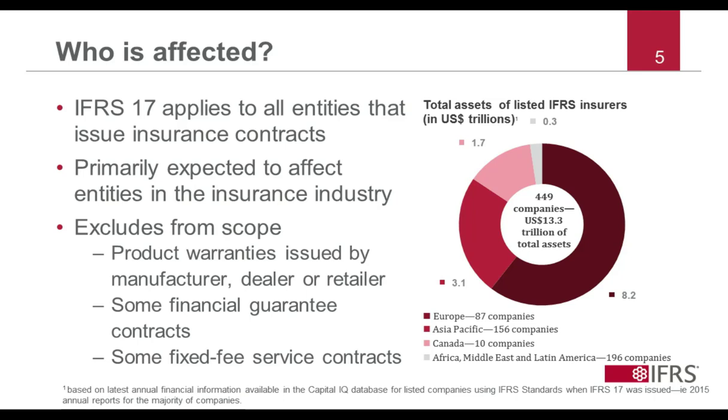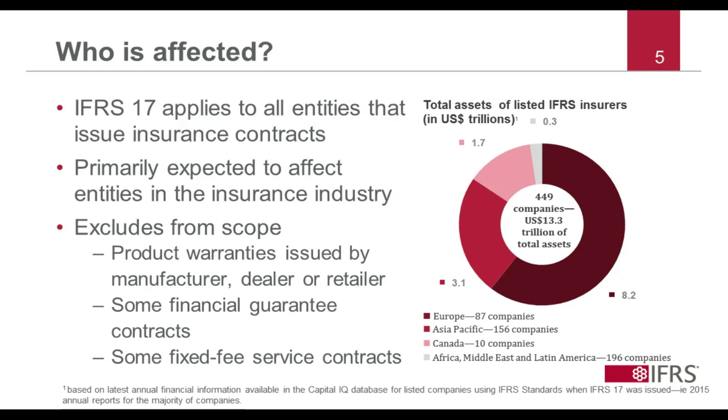And as such, having looked at these numbers from our perspective, we've identified that insurers, listed insurers, applying IFRS invest in about $13 trillion of assets. And that accounts for about 12% of the total assets of companies that are applying IFRS. So this is a significant industry that plays a significant role, and the effect is likely to be fairly substantial.